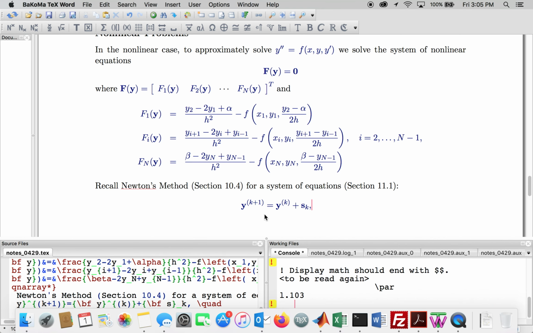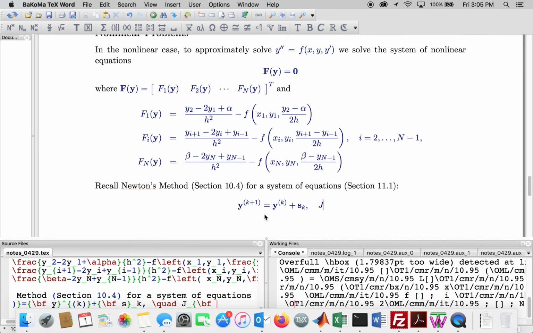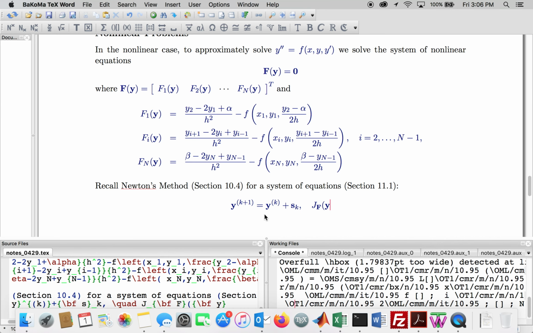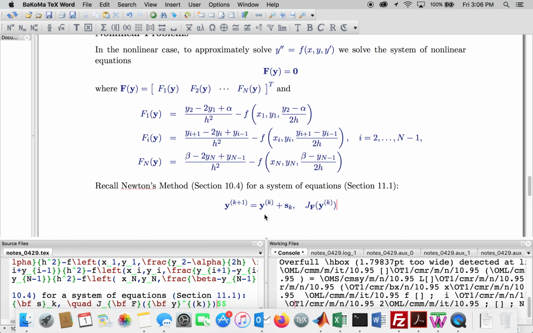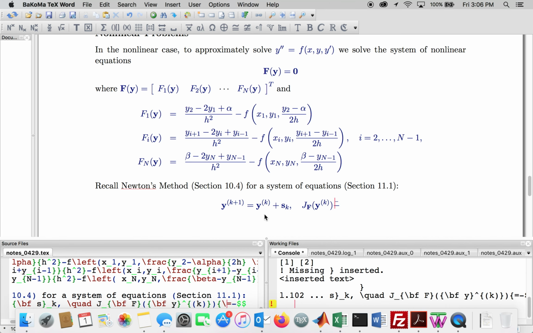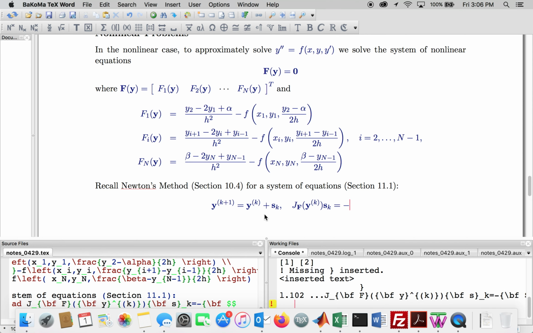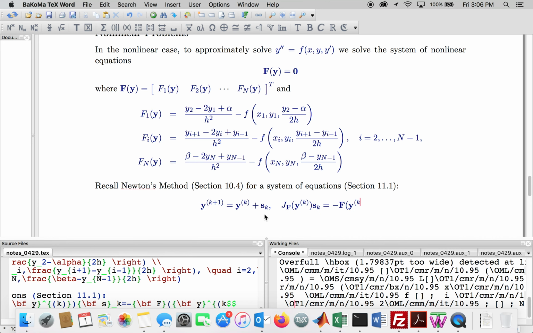And then I will define that, where the Jacobian of f evaluated at yk times sk is equal to minus f evaluated at yk.